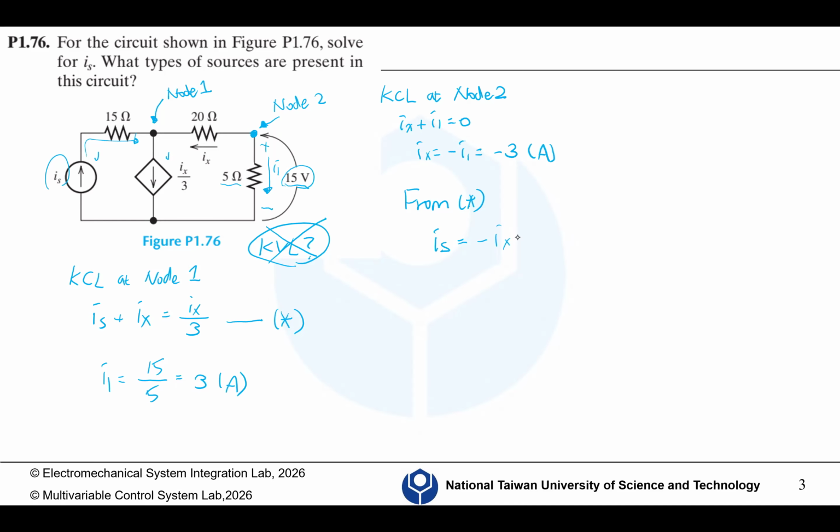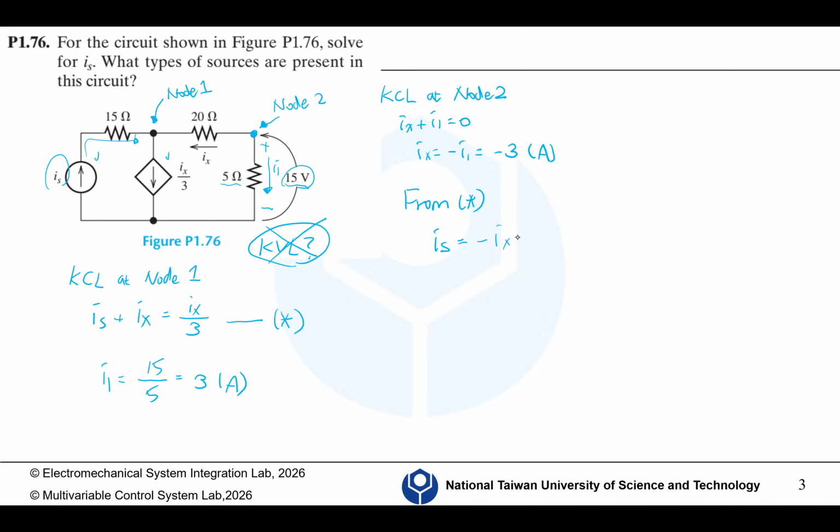Okay, so this is mesh current analysis. We apply KVL and calculate the summation of the voltage across each element in a loop, in a mesh, and we assume a mesh current.